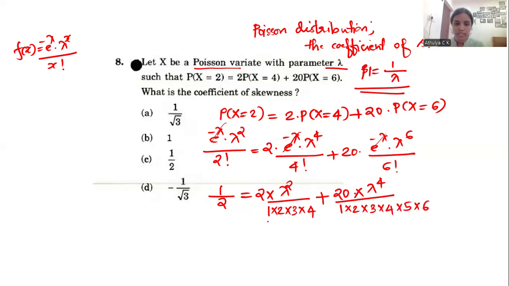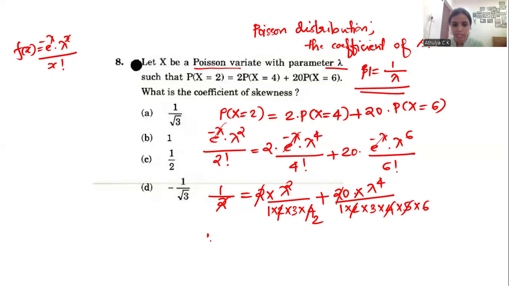Okay, so here you can see that 2 is present in both LHS and RHS. We can cancel. 2 is cancelled, again 2 is cancelled. So we can cancel 2, and 4 into 5 is 20, cancel.